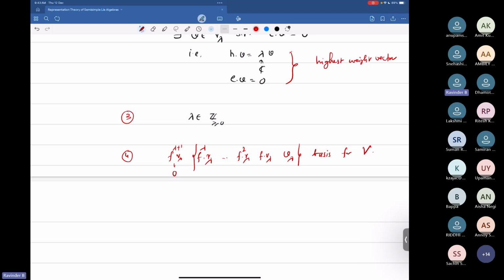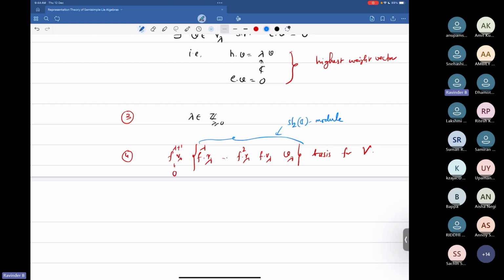Because V is irreducible, this is a sub-representation. She proved that this entire thing is an SL2C module: it is preserved by the H action, the F action, and the E action also.